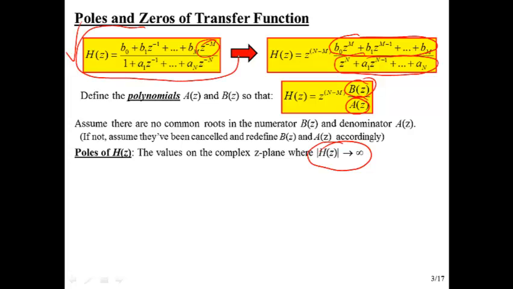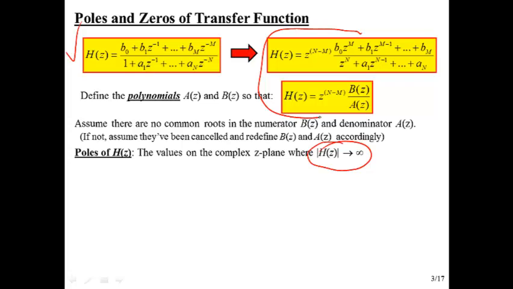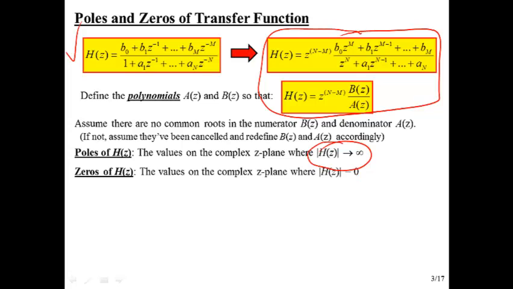We could analyze this and ask what values make that happen, but it's a lot easier once we get it into this form where we've got a ratio of two polynomials in z rather than things in terms of z inverse, as we'll see in just a little bit.